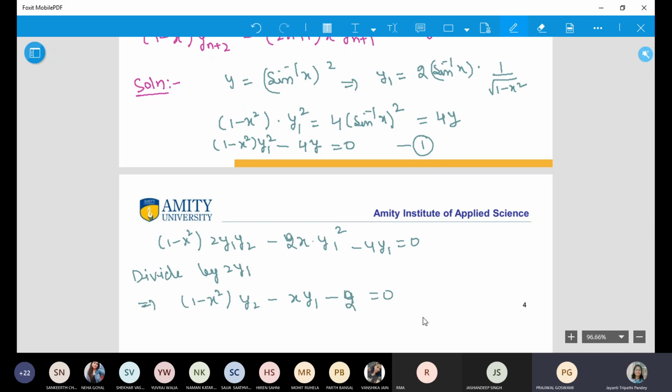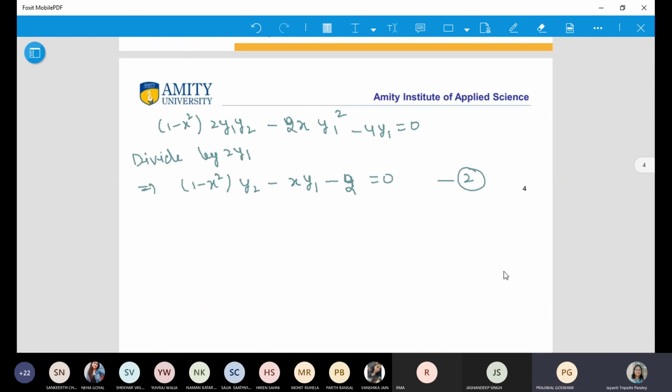Sorry, minus 2 equals to 0. Is this equation understood? Same pattern as we did in the previous question.